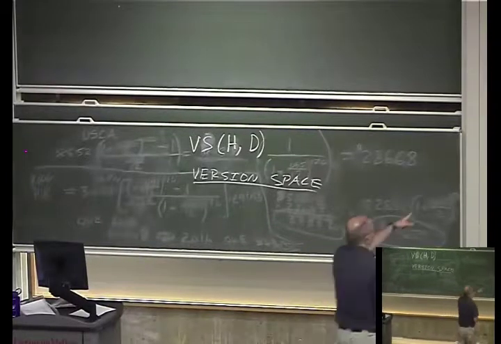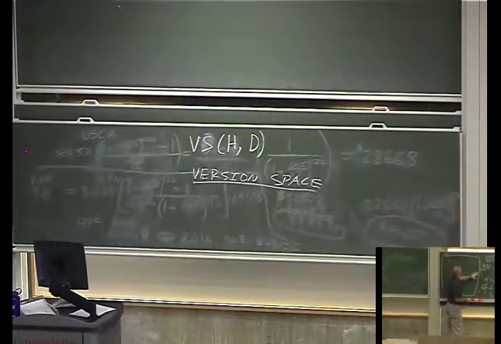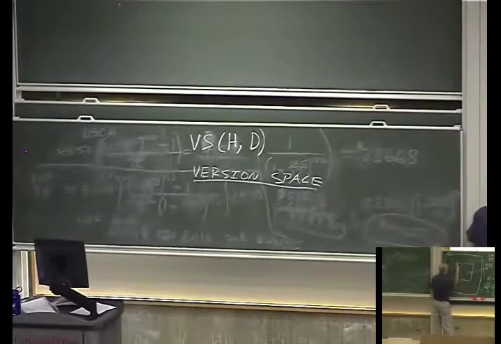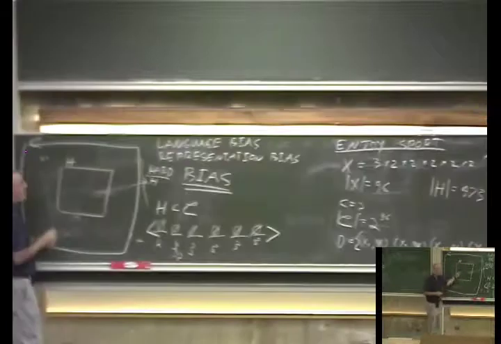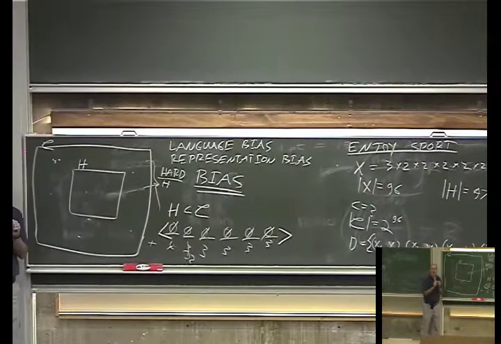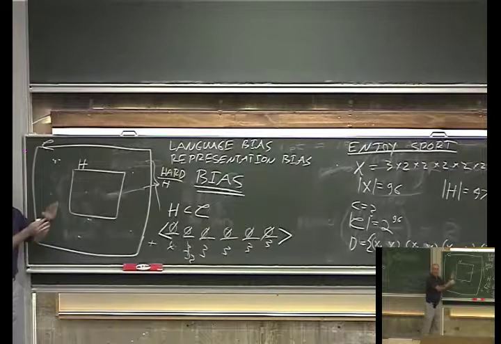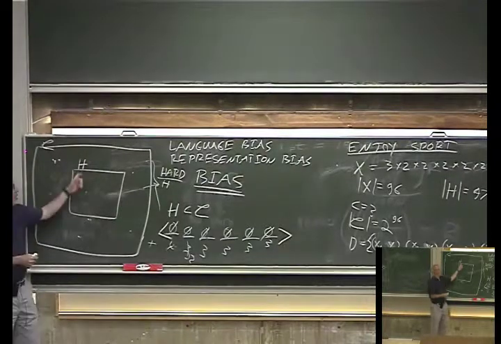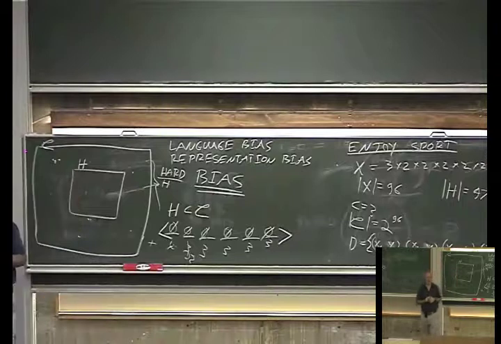If you think of this as all of C, and let's say H is this, and this is very misleading because H is typically a much, much smaller subset of C. But just so that you can see it on the board, I drew it bigger. But remember that H is usually a tiny fraction of C.